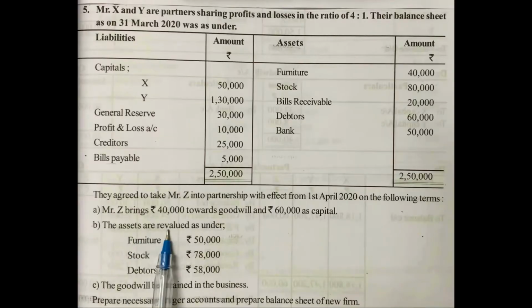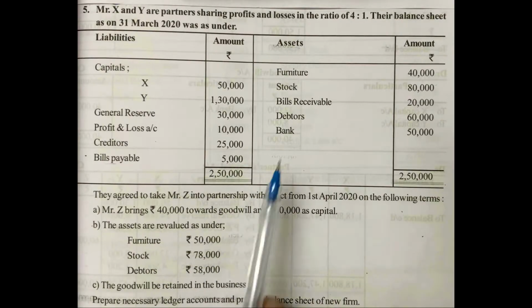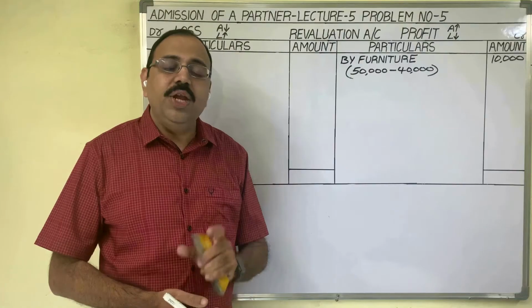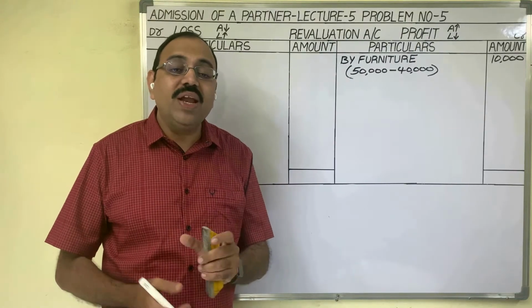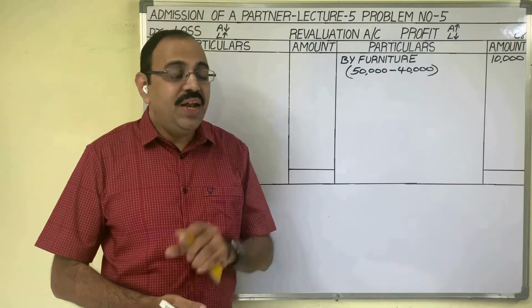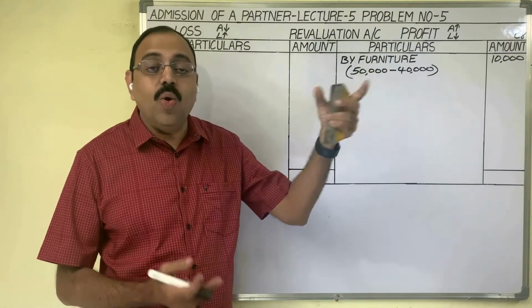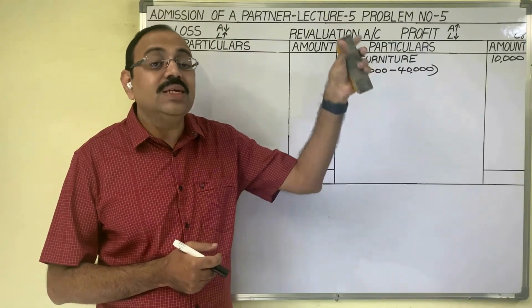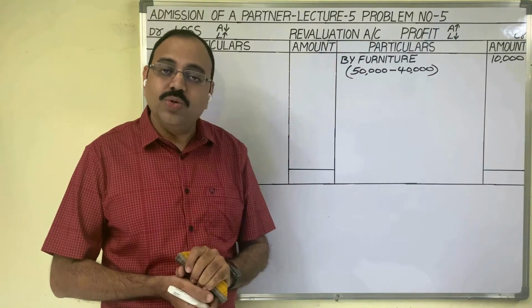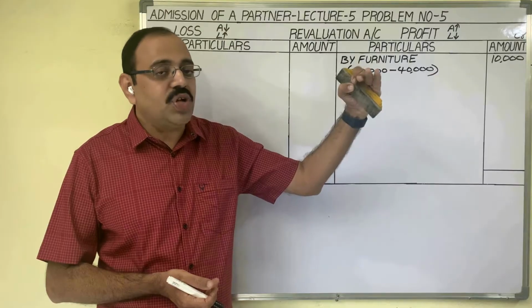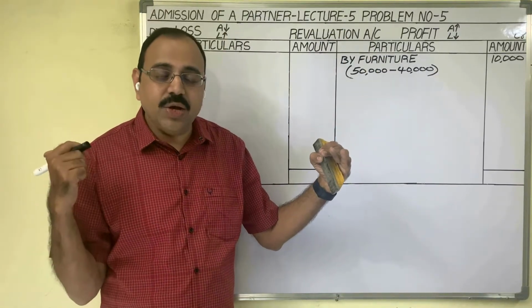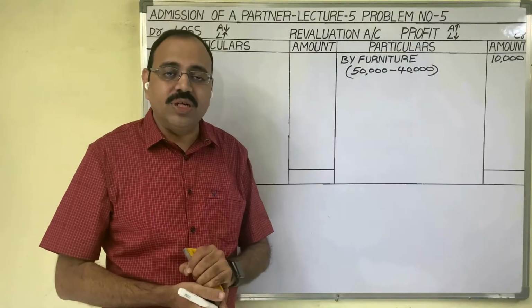In adjustments, he is giving that stock is revalued at 78,000 rupees. In the old balance sheet, stock value is given as 80,000 rupees. In revaluation of stock, old partners came to know that the market value of this stock is 78,000 rupees. So the market value of stock is decreased by 2,000 rupees: 80,000 minus 78,000.